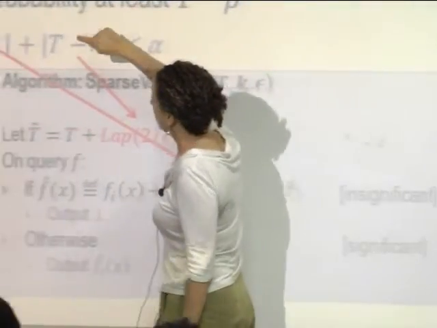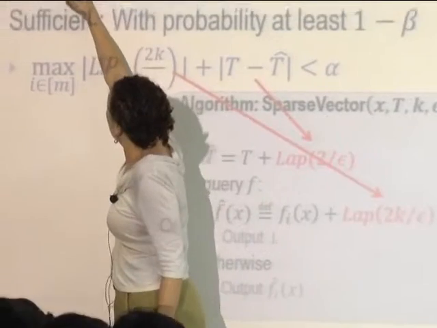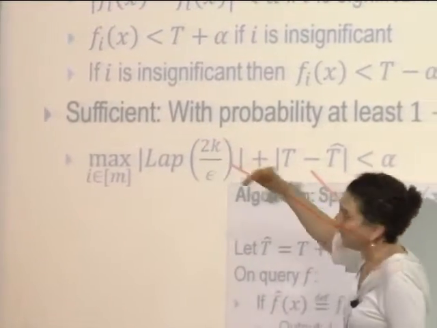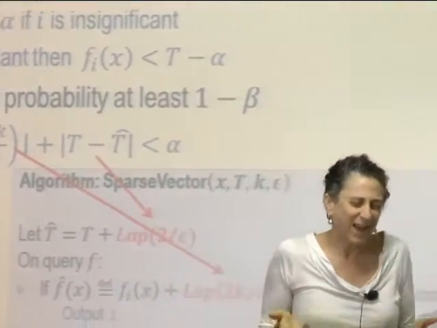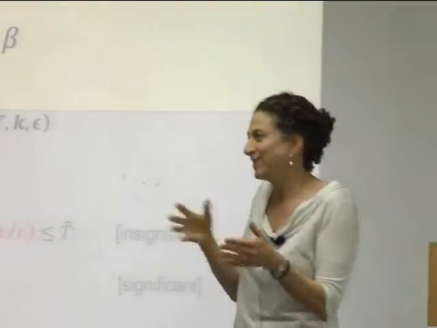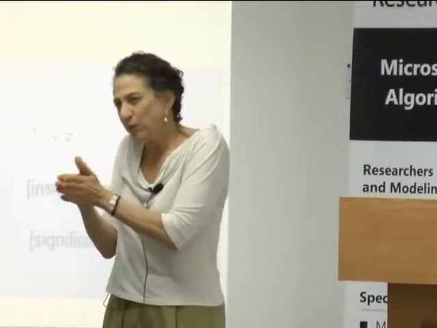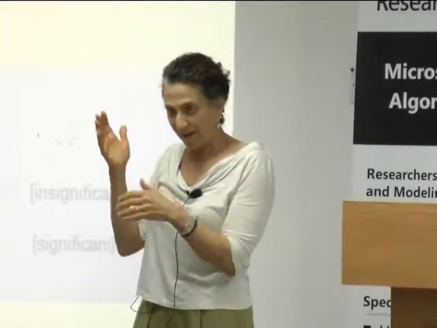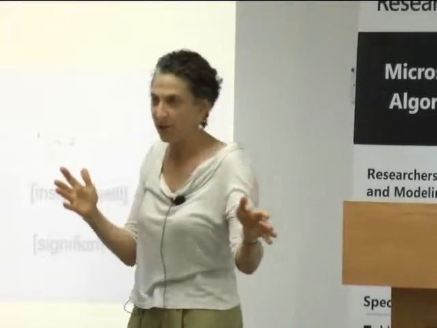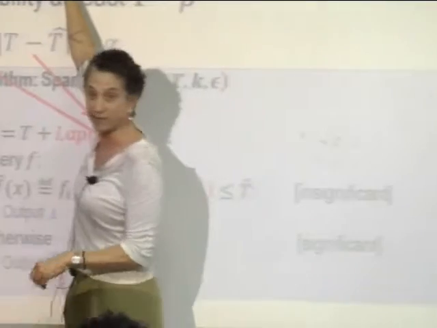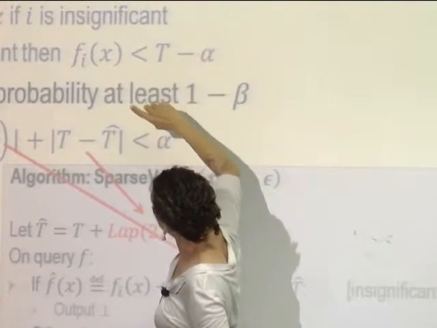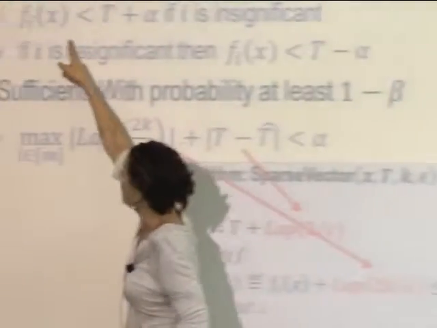We also want that if the true value, well, maybe if it's not actually less than the threshold, we'll give a little bit of slop there. Maybe it's over the threshold, but only by alpha. But if the true value is less than t plus alpha, then we certainly want to say that it's insignificant. Sorry, so if it's less than t, we want to say that it's significant.